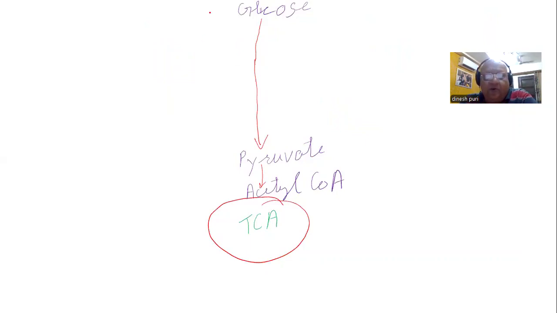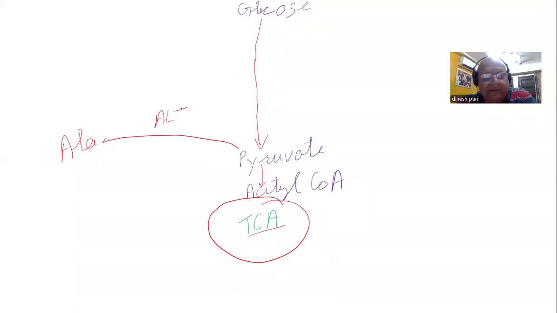Now you know that this is the central sequence, glycolysis, acetyl coenzyme A, and then TCA cycle. So we are talking about metabolic fate. An amino acid we discussed some time back, alanine, can be synthesized from pyruvate by transamination reaction.